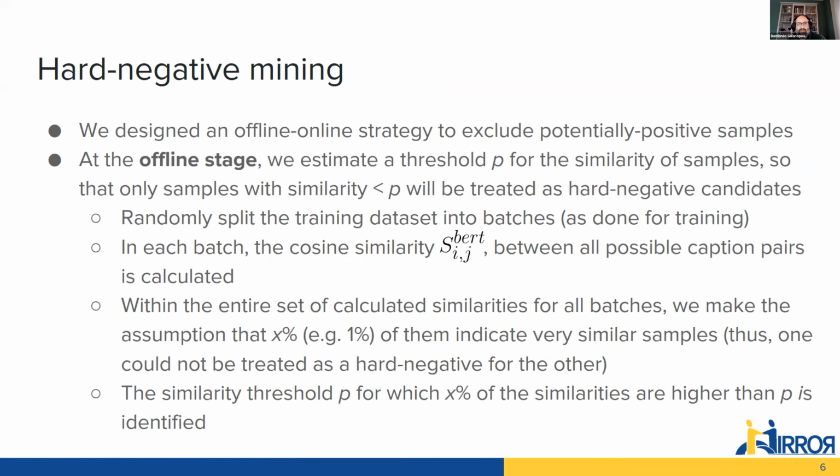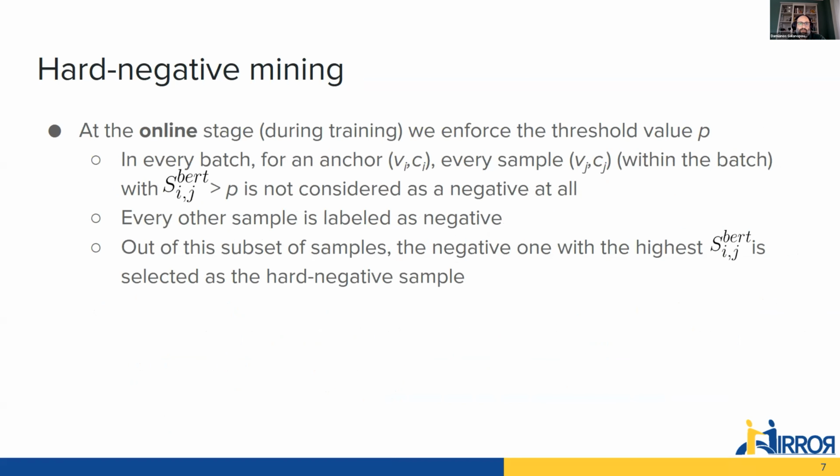In each batch, the cosine similarity between all possible caption pairs is calculated. After this calculation, within all batches, we assume that a value X%, for example, 1 or 2%, of them indicate very similar samples, and for this, one could not be treated as a hard negative for the other. Finally, the similarity threshold P, for which X% of the similarities are higher than the value P, is defined.